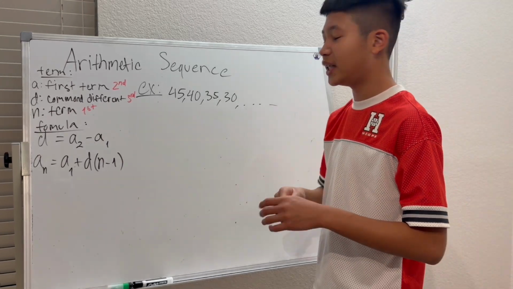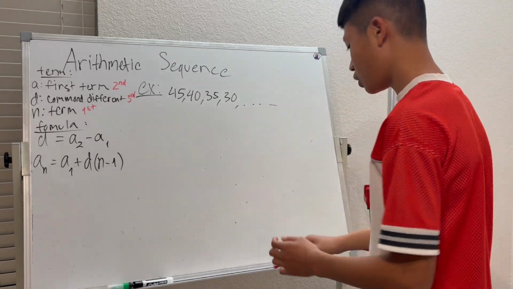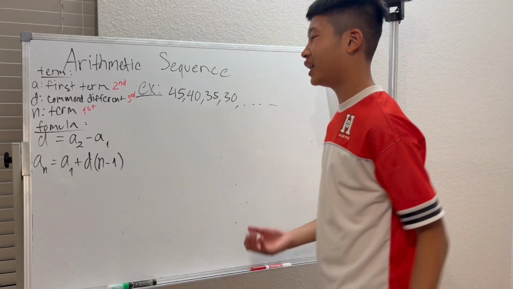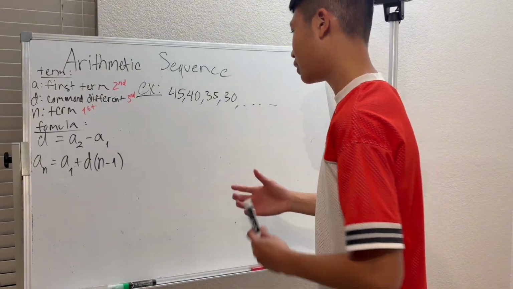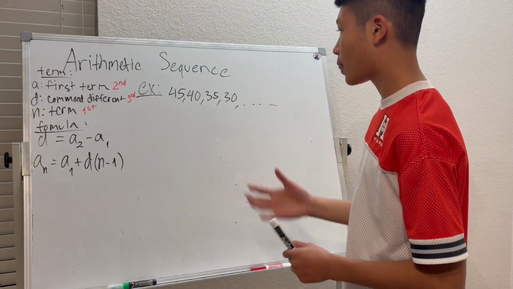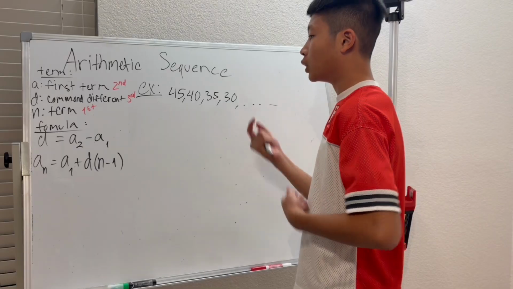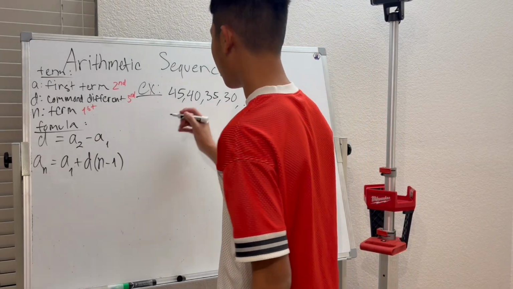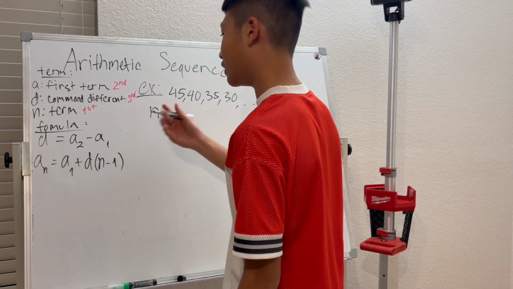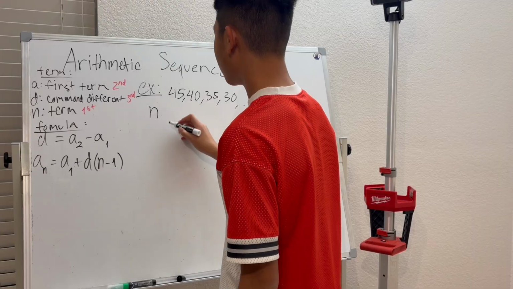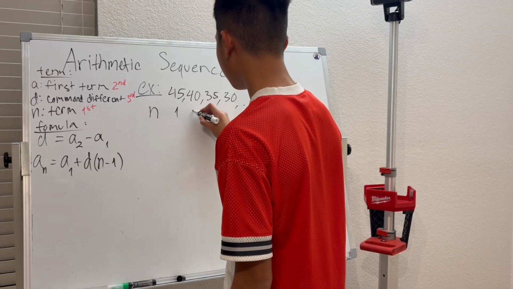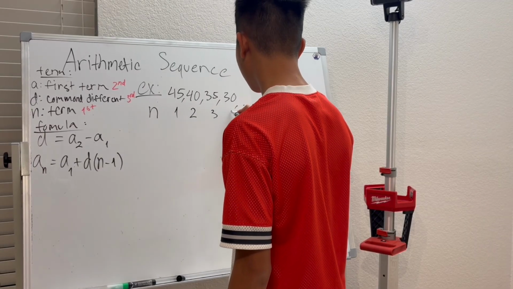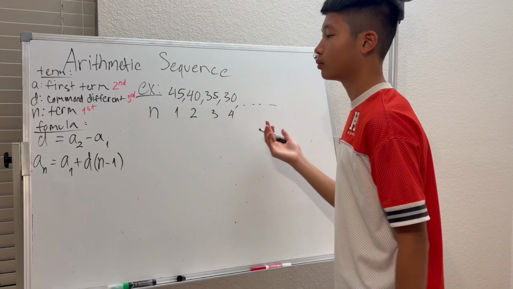It's just easy if you do it this way. If you're advanced enough, you don't really have to label all this stuff. I just want to do it so it's easy. So first, let's label the terms, I meant. First term, second, third, fourth, and so on.